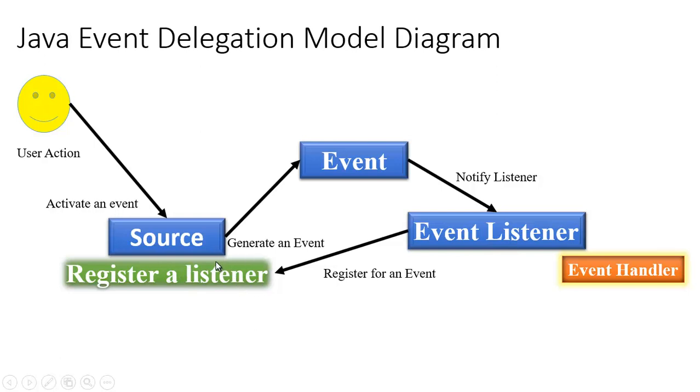So all those event listeners which have been registered with the source will receive the event. Now what will the event listener do? It will get that event, and then based on the information in that event object, it will handle that particular event.